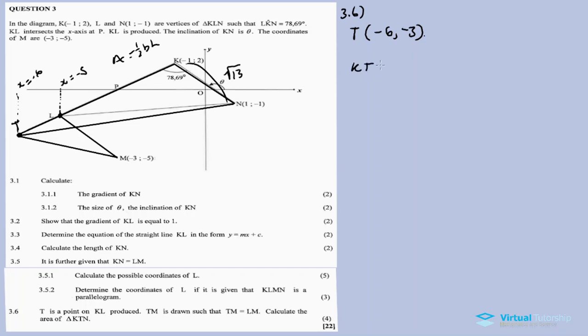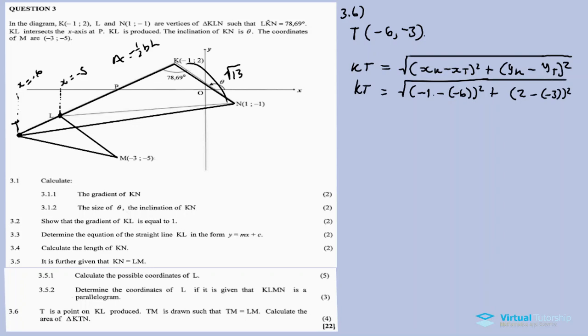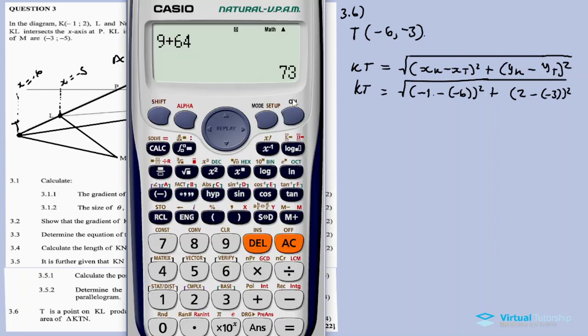So KT length is equal to the square root of xk minus xt squared plus yk minus yt squared. Then you substitute again here. So we substitute, KT is equal to that, and then I calculate again.